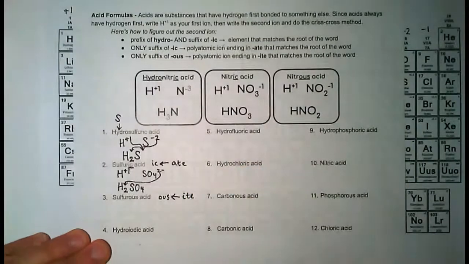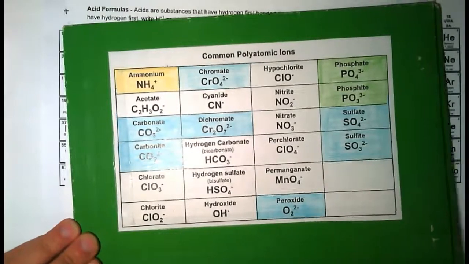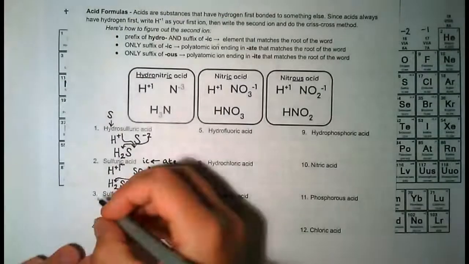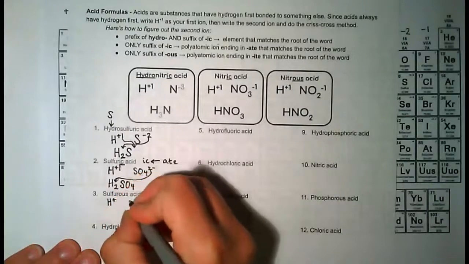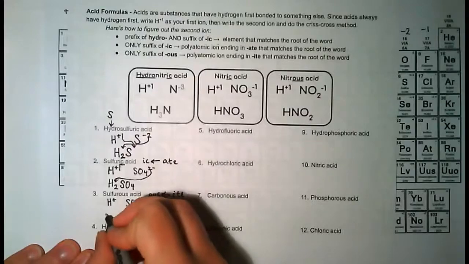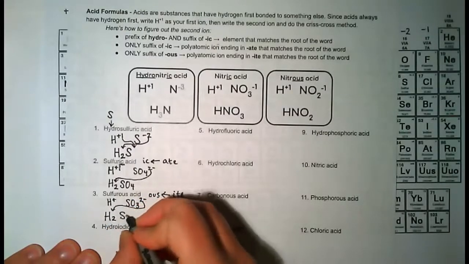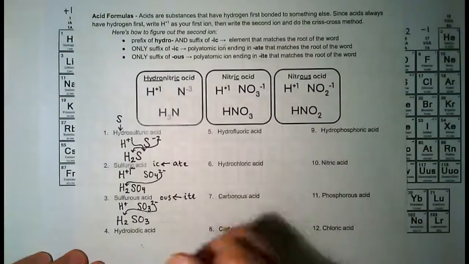So that would be the sulfite ion, SO3 2-. So we have H+ and SO3 2-. We do our crisscross. There are 2 hydrogens, and of course only one SO3, H2SO3.